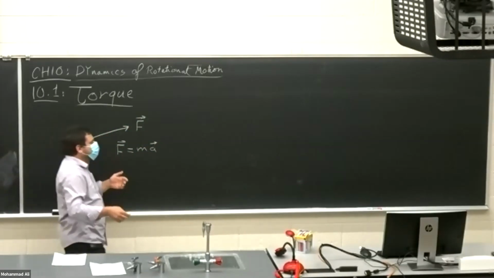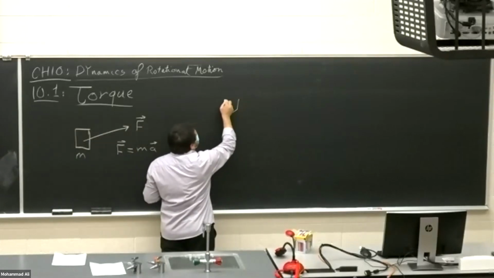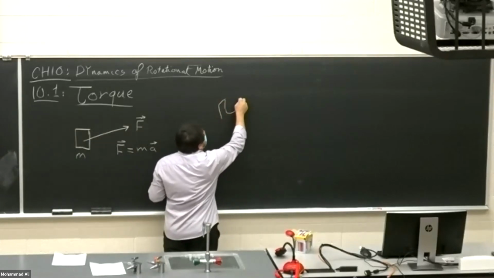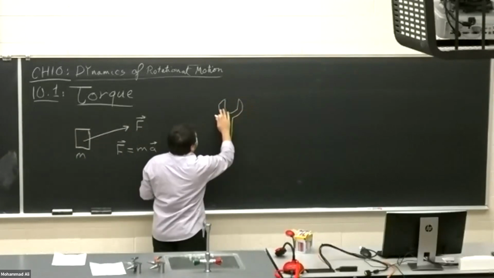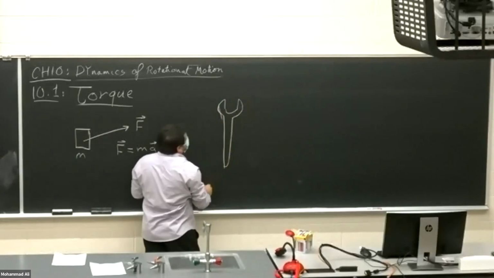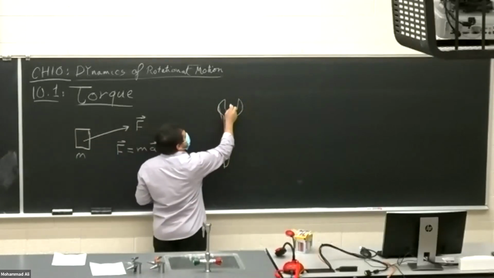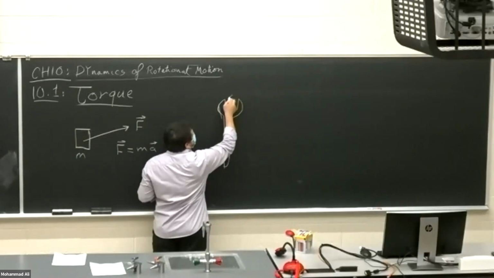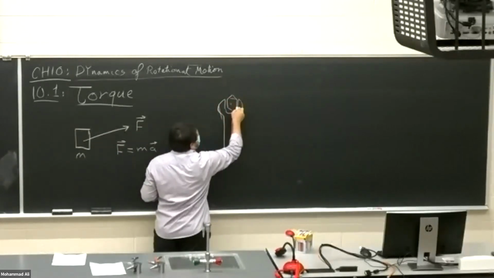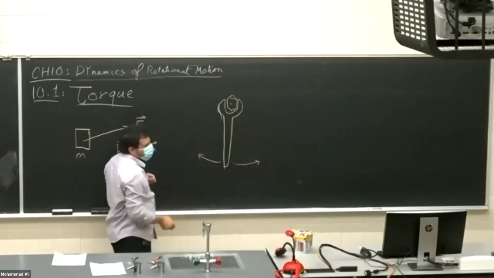Okay, for example, you know this tool. How do we use it? In general, you know that we rotate it in this direction or in this direction.